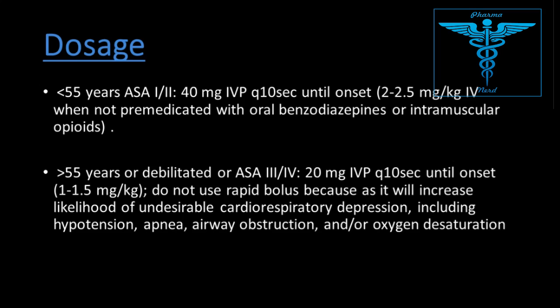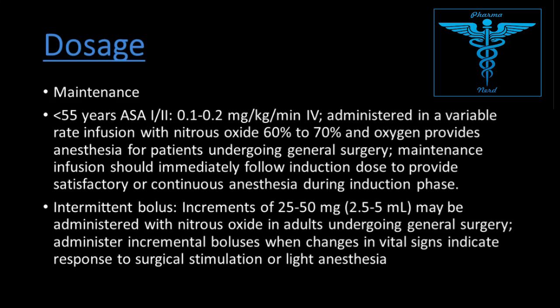Maintenance, more than 55 years: 0.1 to 0.5 mg per kg per minute IV administered in a variable rate of infusion with nitrous oxide 60 to 70% in oxygen provides anesthesia for patients undergoing general surgery. Maintenance infusion should immediately follow the induction dose to provide satisfactory and continuous anesthesia.